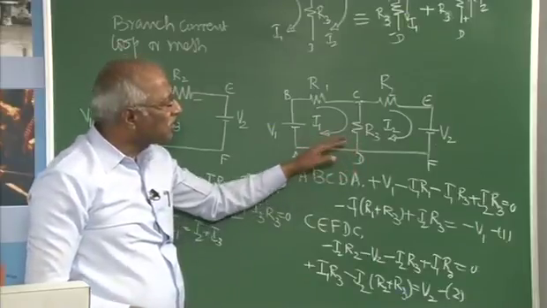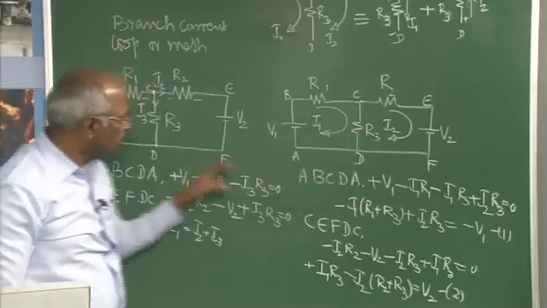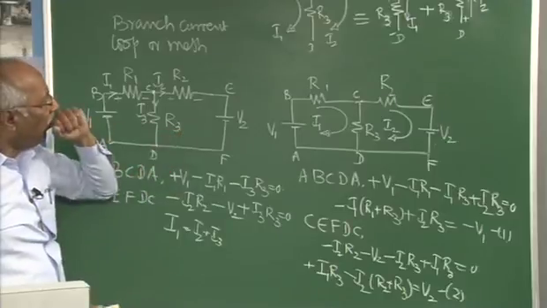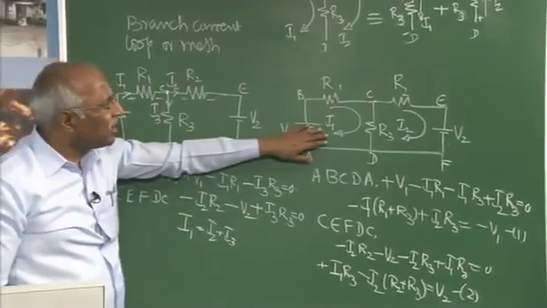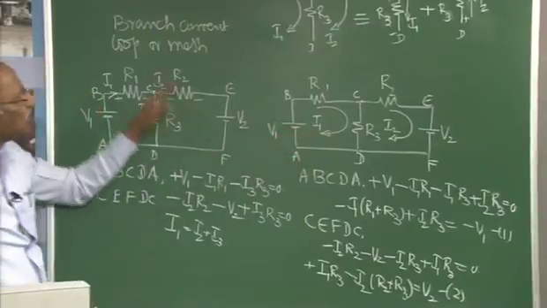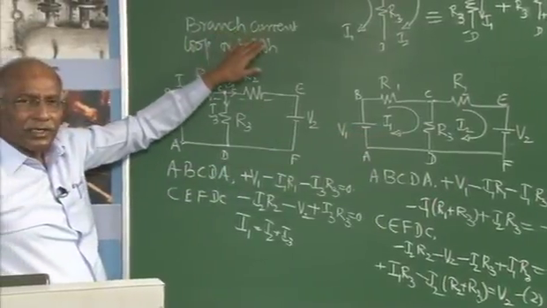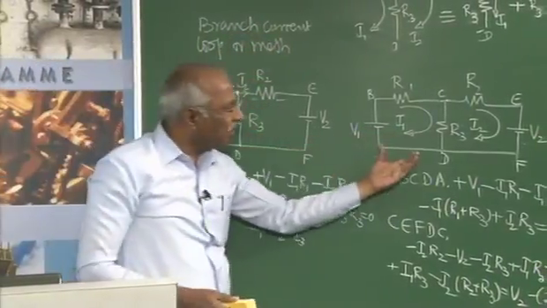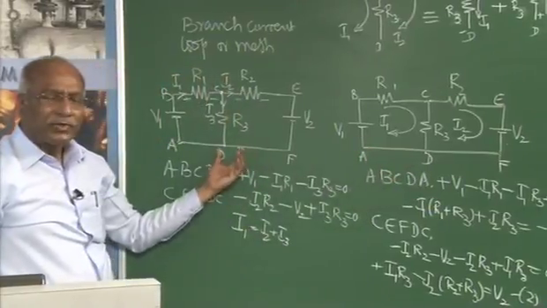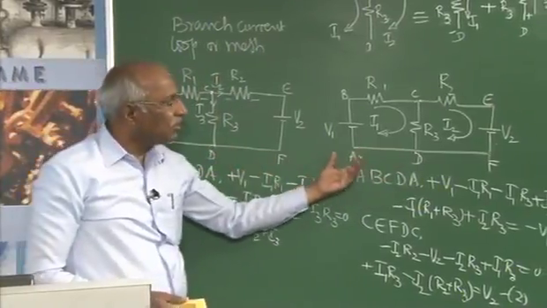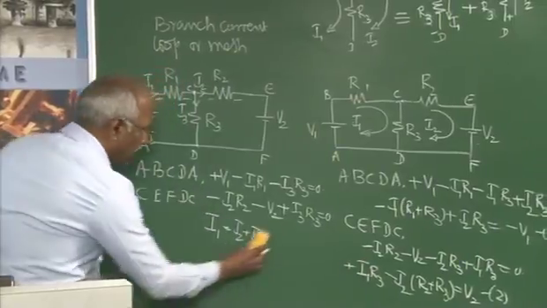Therefore, the number of equations involved in the mesh equation or loop analysis method is less than that of the branch current method. This is much more popular than this one. As we go further, we will understand how to solve these equations also.